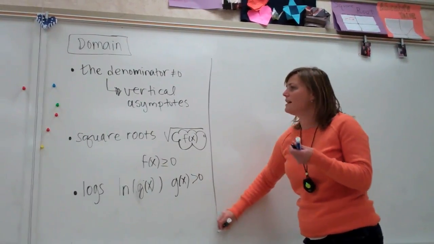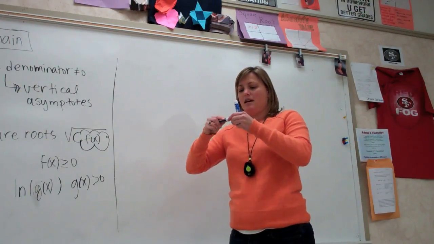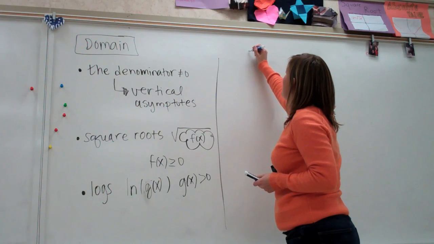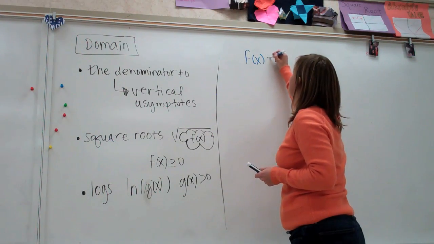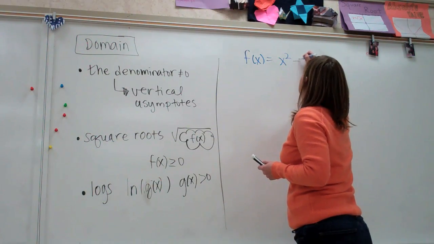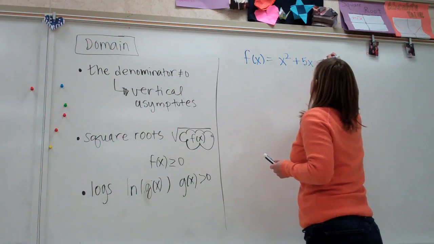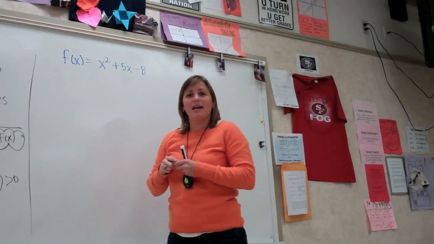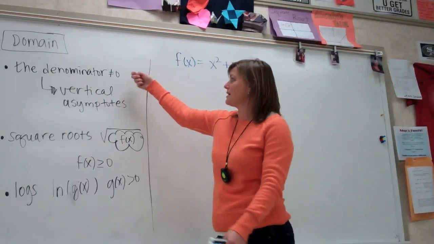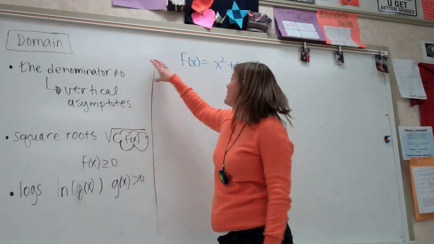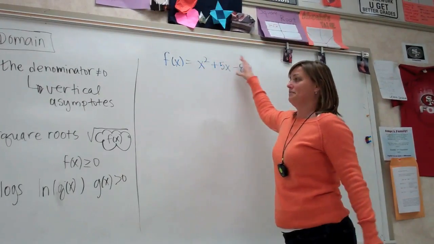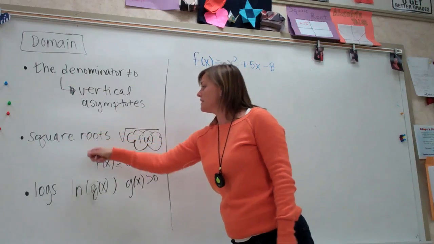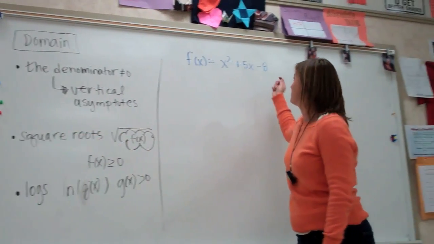When we first started out, we had some problems: just find the domain and range. If f of x is equal to x squared plus 5x minus 8, you only have to check for these 3 things. Is there a fraction? No. Are there any square roots?